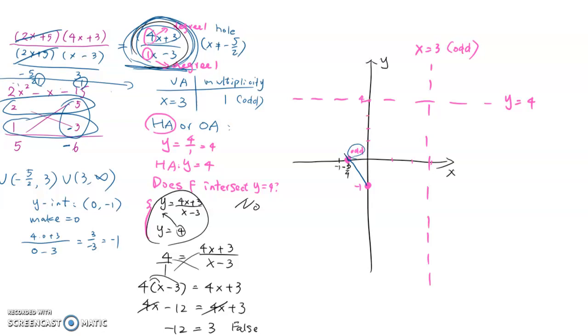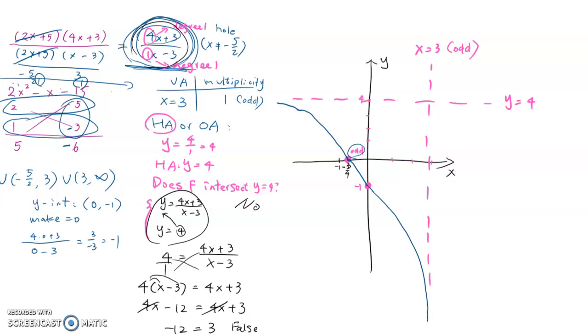Since our graph won't intersect the horizontal asymptote y equals 4, we'll just get closer and closer to it without passing it. Back to this negative 1, the y-intercept. We have to pass it somehow, right? Since we only have one x-intercept, it won't go up. It has to go down, like this.